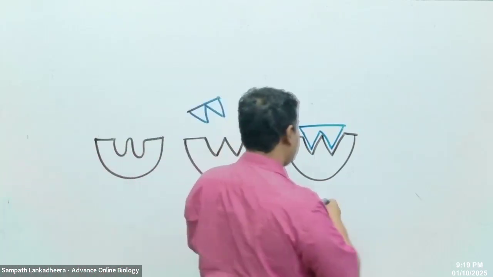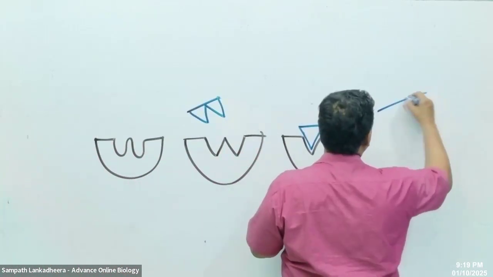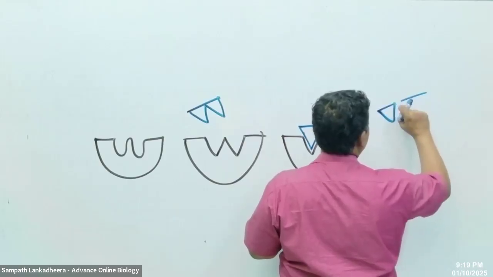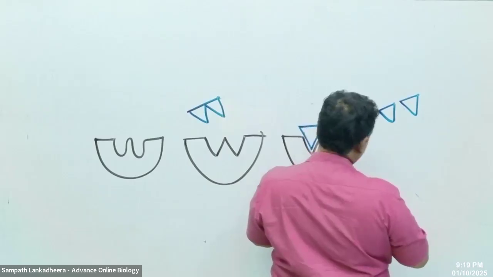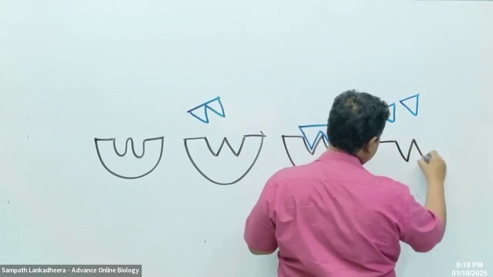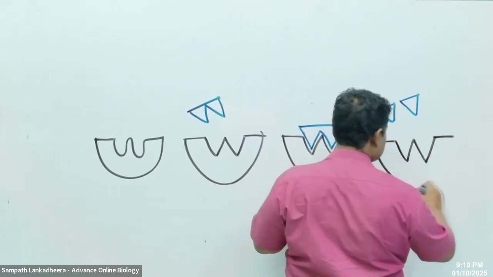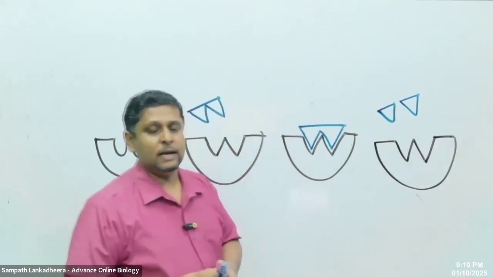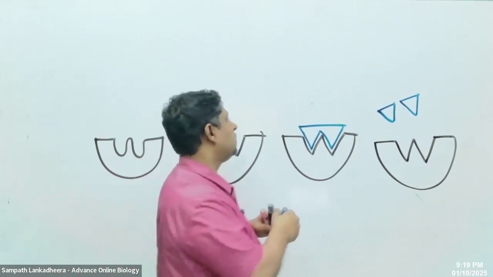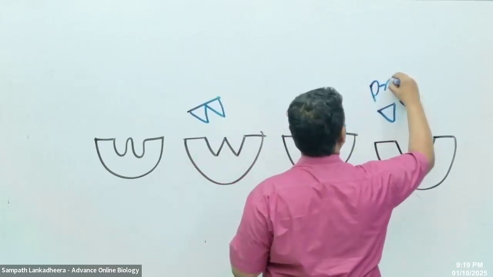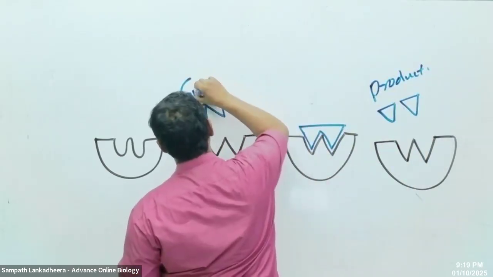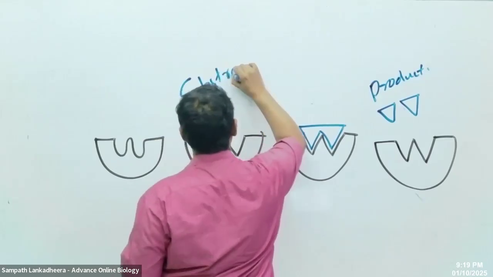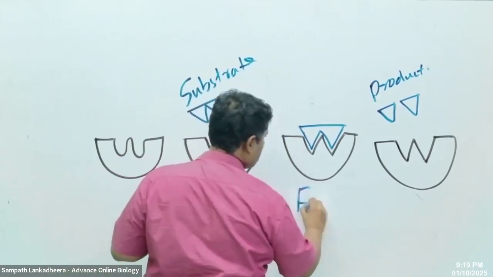And finally, people, products are going to be released, with no harm to the enzyme. The same enzyme can participate in the reaction one more time. So this is the product. This is the substrate. This is the ES complex.